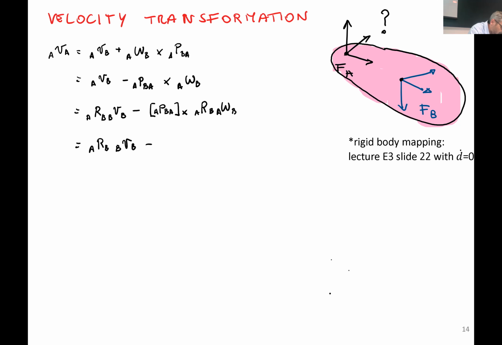Can you remember this property? So it's R something like that, right?